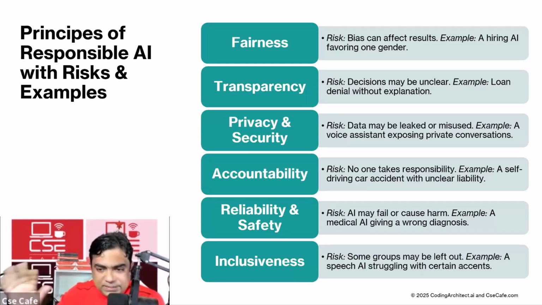So AI might take some decisions, and you are unclear why AI took the decision. For example, loan denial without explanation. So AI is also evolving, right? So it has to be transparent on why it took that decision. It should not be just like randomly choosing an option, right?